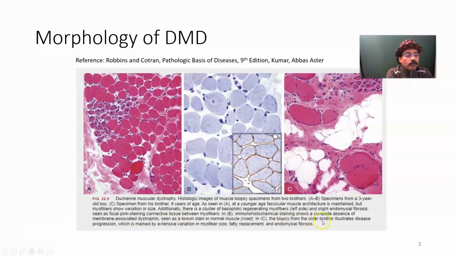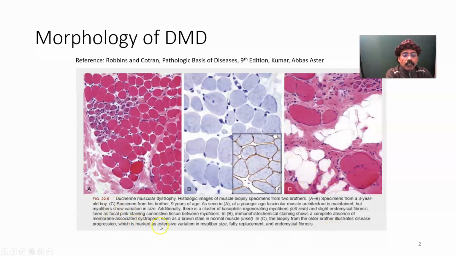The biopsy from the older brother illustrates disease progression, which is marked by extensive variation in myofiber size. One is small, one is large, and there is some necrosis and degeneration, replaced by fatty tissue. These are not empty spaces. These are fatty tissue. So muscle is replaced by fatty tissue, which will lead to pseudohypertrophy.